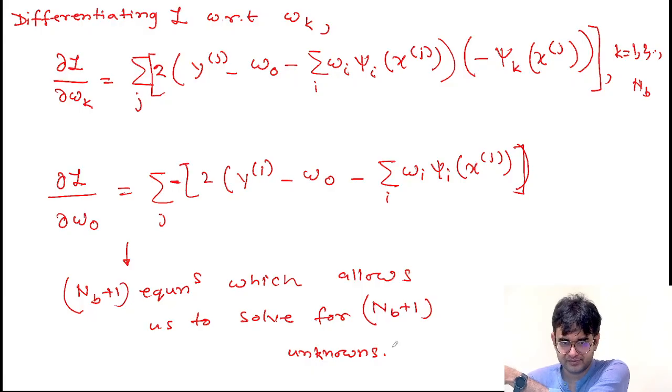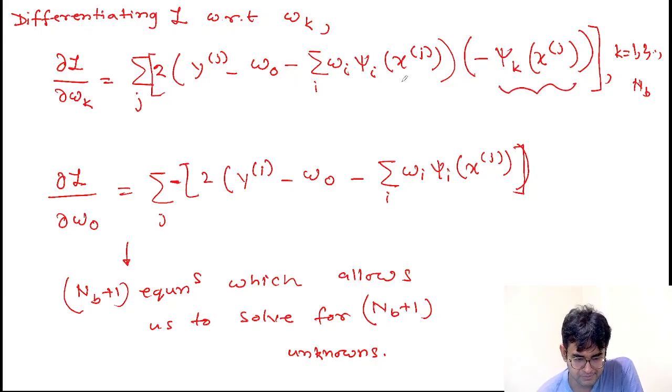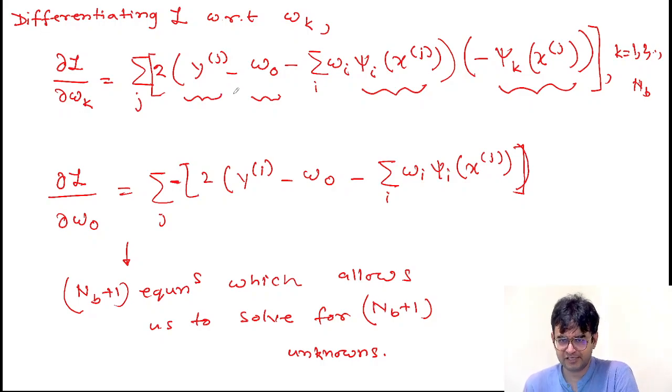So this term will get multiplied with everything, and you get something like psi i psi k multiplied by W. Here you will get psi i W naught. Now you can assume there is a psi 0 which is equal to 1. In that case it becomes of the same form as this one: W naught psi 0 multiplied by psi k, where psi 0 is 1.